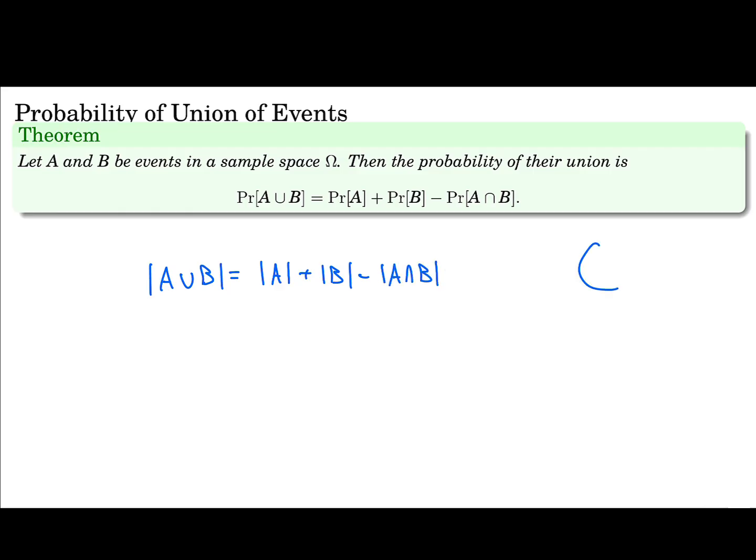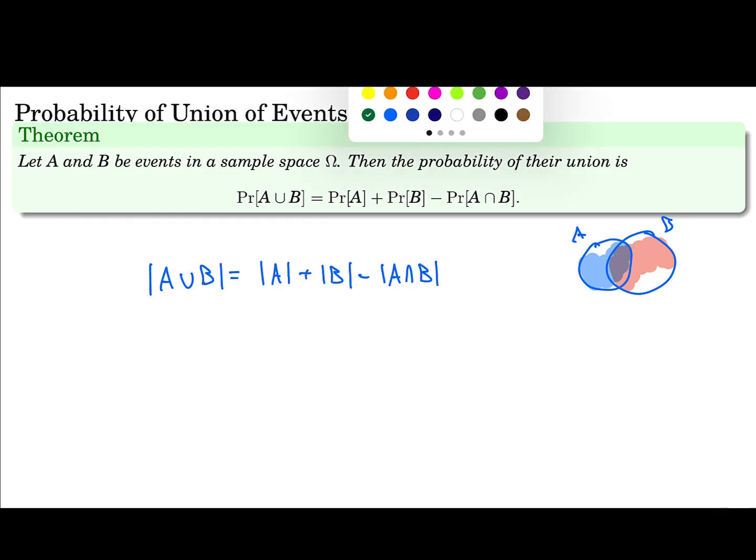When you did the Venn diagram, if this is A and B, when you're counting the elements in A, you are counting this over here. When you're counting the elements in B, you're counting this over here. And notice that the intersection was counted twice, so you need to subtract it once. That's why you get this rule.